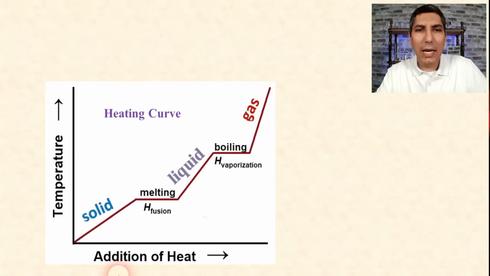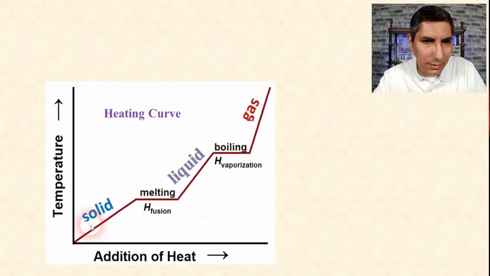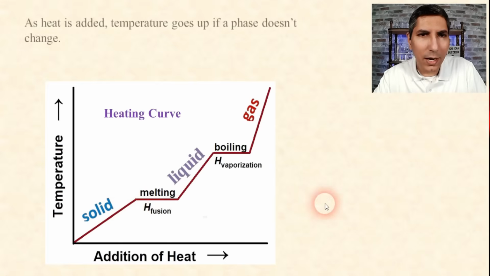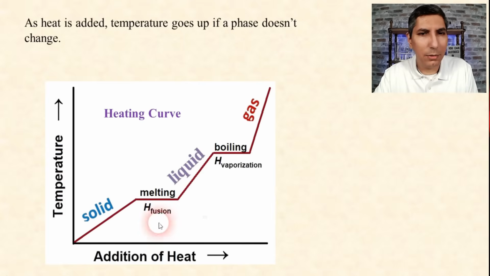Now, as we heat something up, speaking of heating things, we can take a material or a substance and we can heat it up. And if it starts out as a solid, its temperature is going to rise. Just like we have here as we add heat. Its temperature rises, and anytime you have just an object that's in a specific state of matter, its temperature goes up whenever you add heat to it.